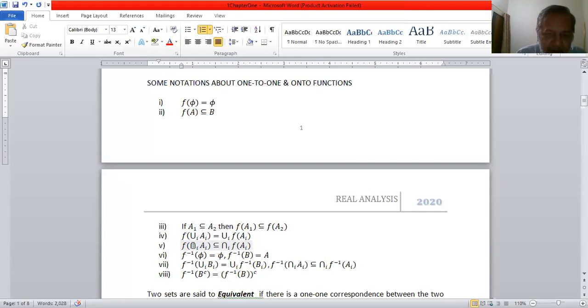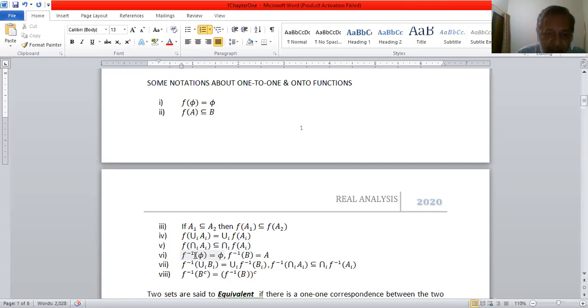That means the image of the intersection of all subsets of A will be a subset of the intersection of the images under the function f.